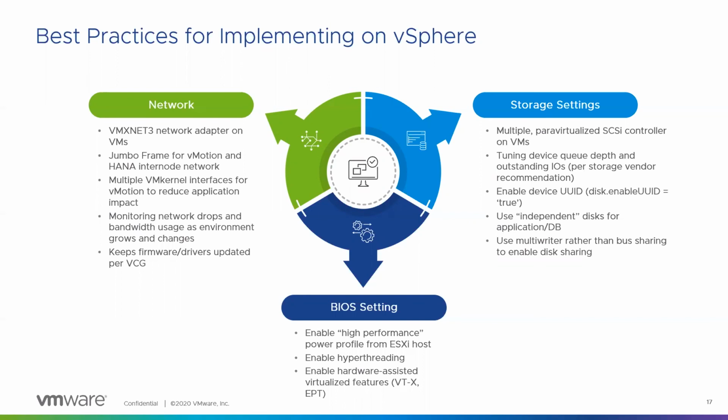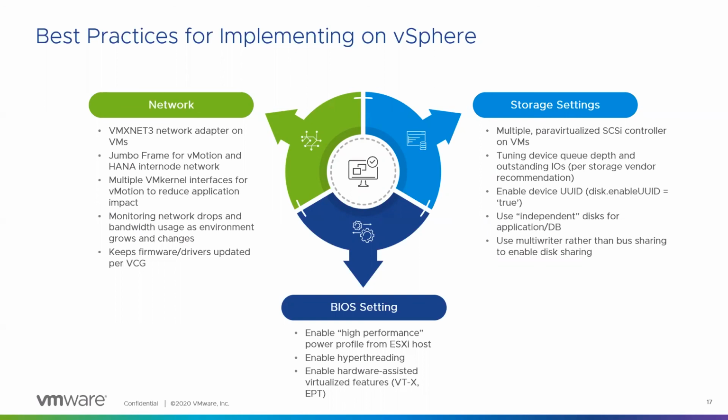Now, jumbo frames are something that we religiously use in our environment, especially in network flows where you can control end-to-end, for example, vMotion and other internal networks, such as the HANA inter-node network or the Oracle RAC cluster heartbeat network. Anytime you can control the end-to-end communication, that's where you should use jumbo frames to boost your throughput.